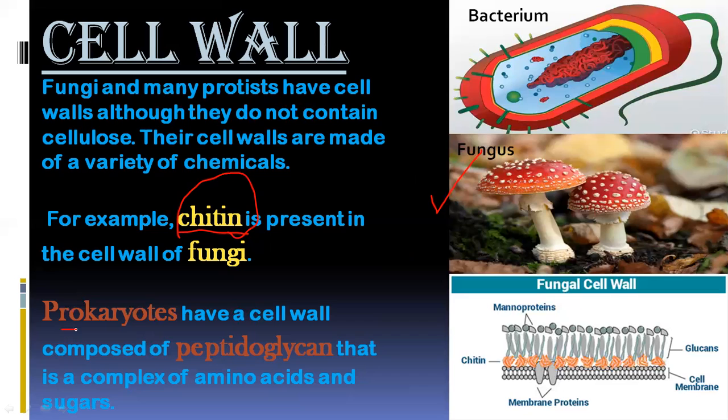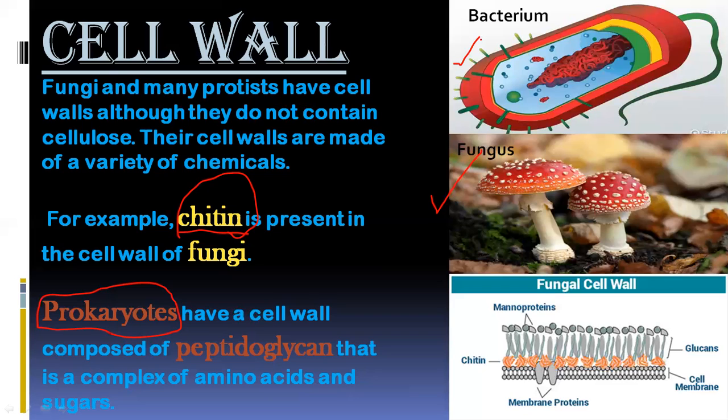Okay, the next organisms in which the cell wall is present are prokaryotes. What are prokaryotes? Do you remember? Pro means first, karyote means nucleus. Before nucleus, there are some organisms which do not actually have a nucleus. Yes, you're right, that is bacterium.